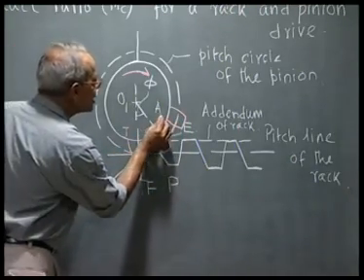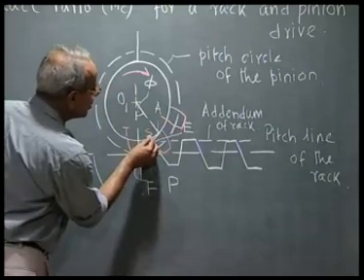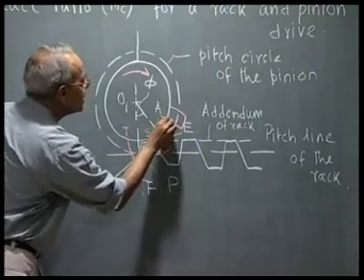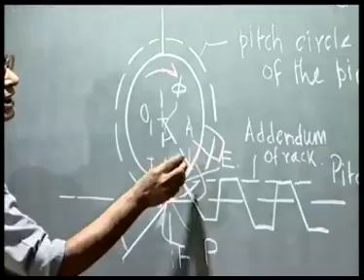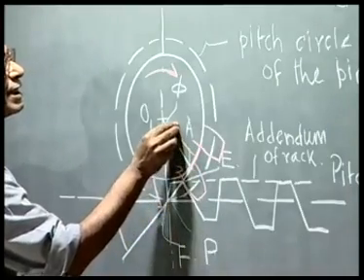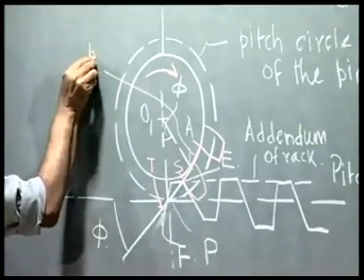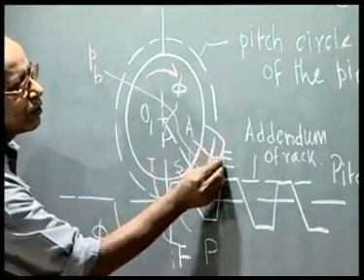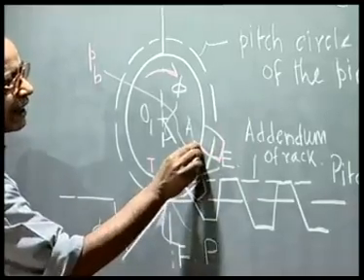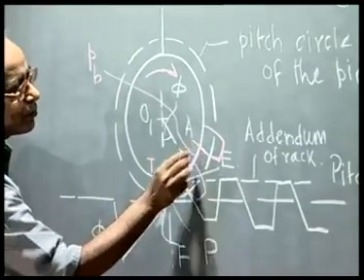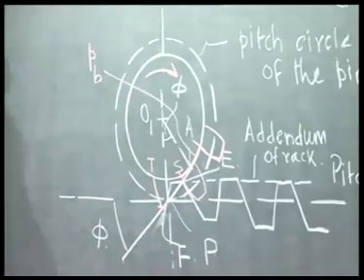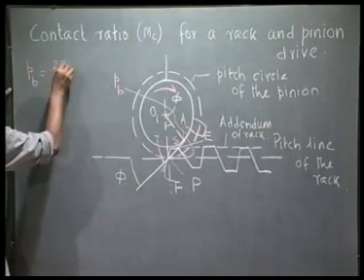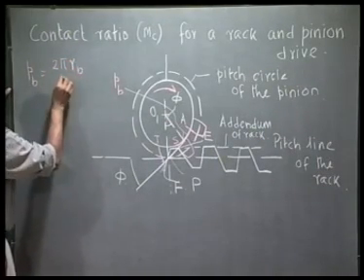And this distance, the distance between these 2 points on adjacent teeth along the base circle, is what we denoted as base pitch or PB. The distance between 2 adjacent teeth along the base circle, that is what we call PB.